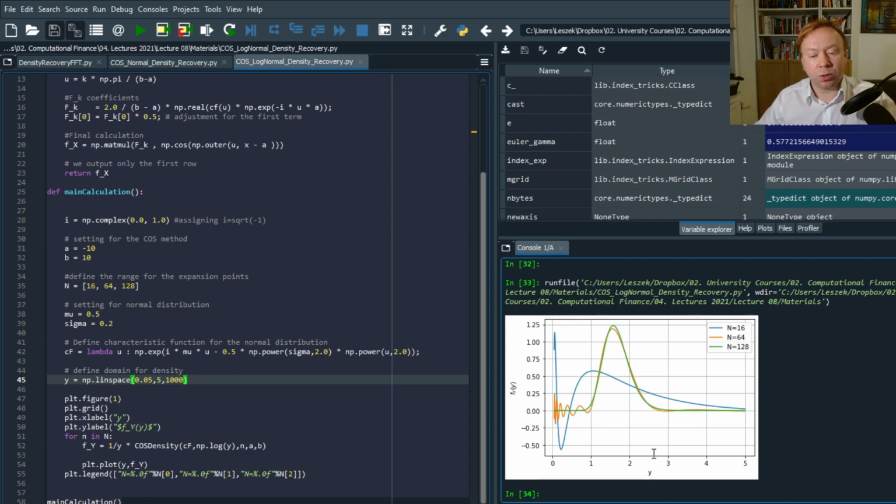So you see, once we have a distribution which is not normal, we need to really take care that the number of terms is not kept at a very low number. The number of terms should correspond to the type of distribution we are dealing with and what kind of domain it is. For a normal distribution, we know it's an infinite domain, so minus infinity to plus infinity. For log normal, we know it's from 0, so that means there could be some oscillations around the area of 0.